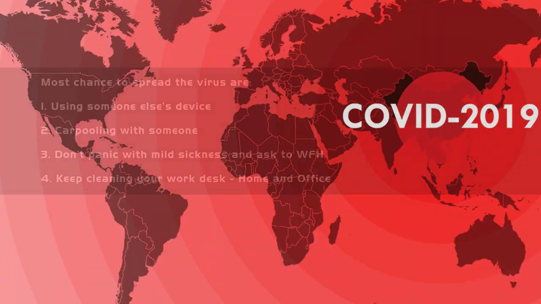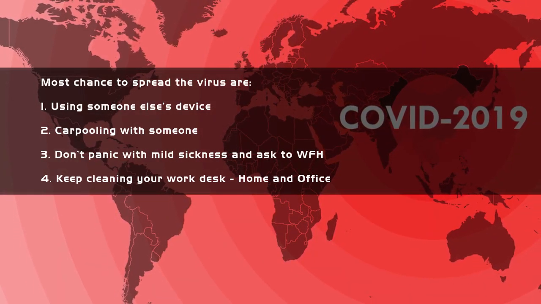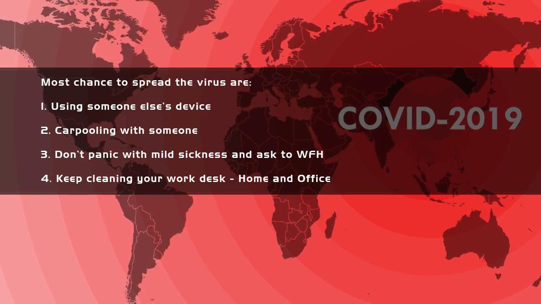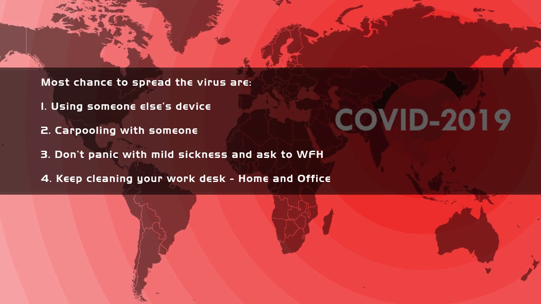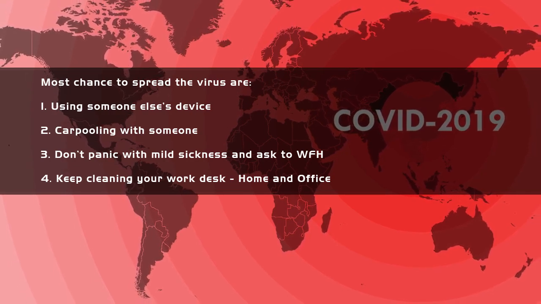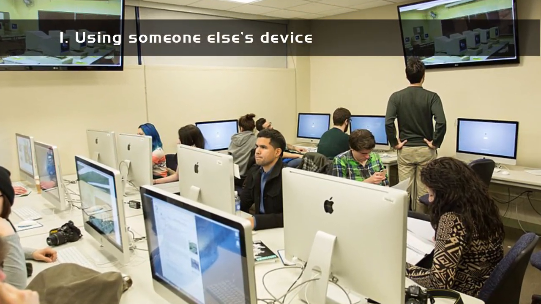So let's get back to the topic which we started this video for, which is not exactly the steps, but the chances with which the virus can spread to any computer science student or software engineer. The first one is about using someone else's devices. This is a really important thing which could happen to a software engineer.